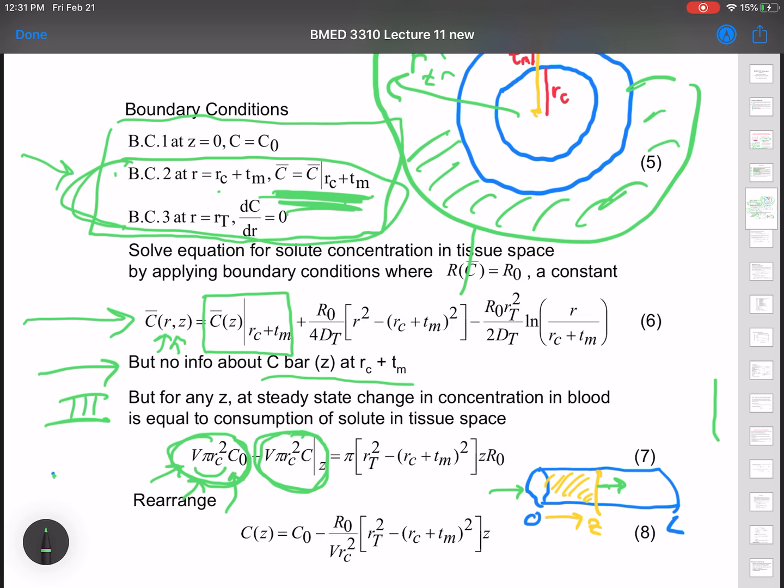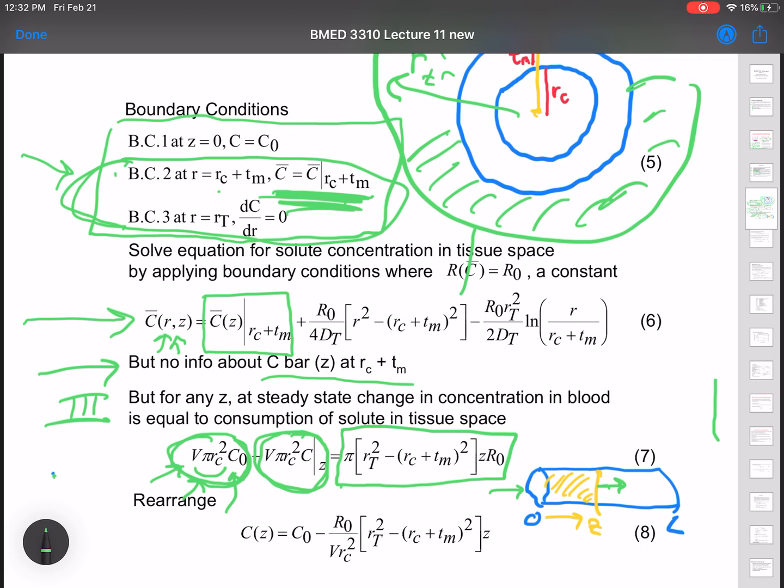The difference between these is how much is convected out, but since it's a steady state, what's convected out is equal to what is consumed in the tissue. So there's one little extra step there.